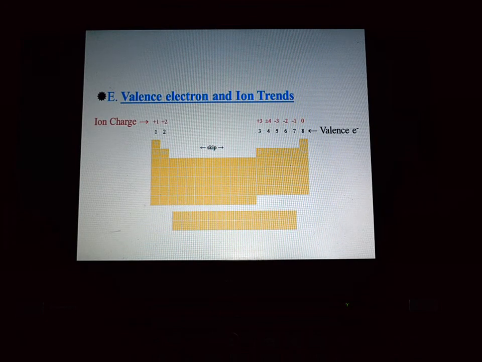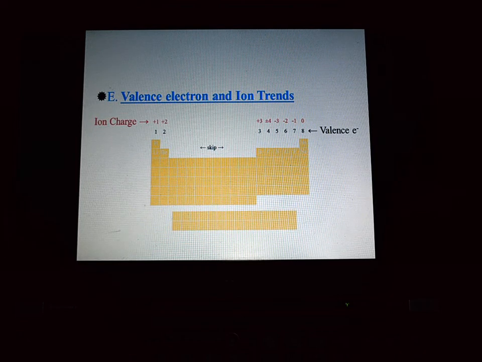Now, if we put both trends together, you can kind of see how the pattern goes. When I have 1 valence electron, I had that +1 charge. 2 valence electrons, +2 charge. Over on this side, because I'm almost full, I'm almost to that 8. When I have 7, I just need 1 more, so that 1 more gives me the -1 charge. And when I have 6, the -2 charge there.